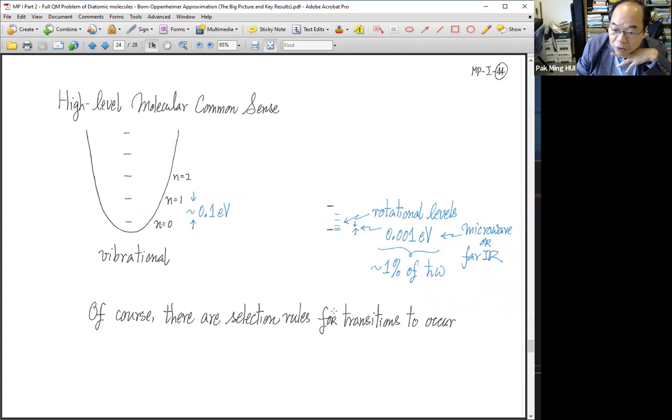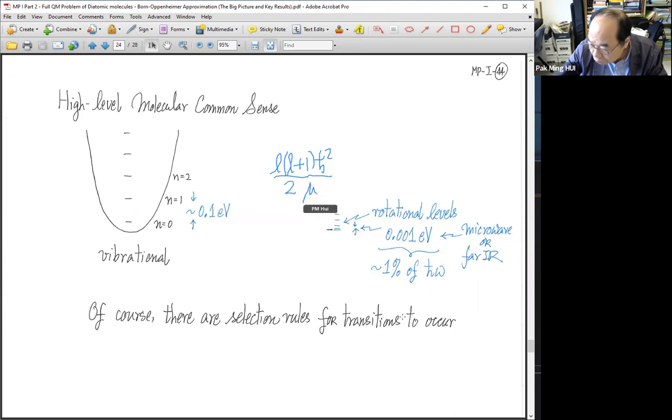And what are rotational things? Rotational things are governed by so this will be a typical energy scale of rotations, rotational motion.